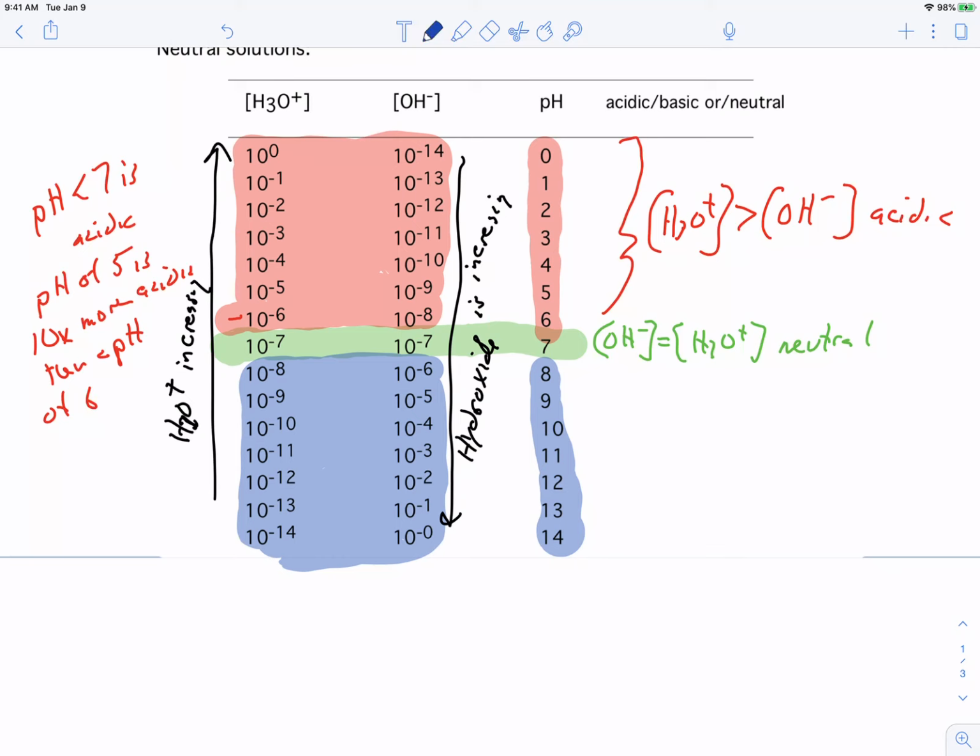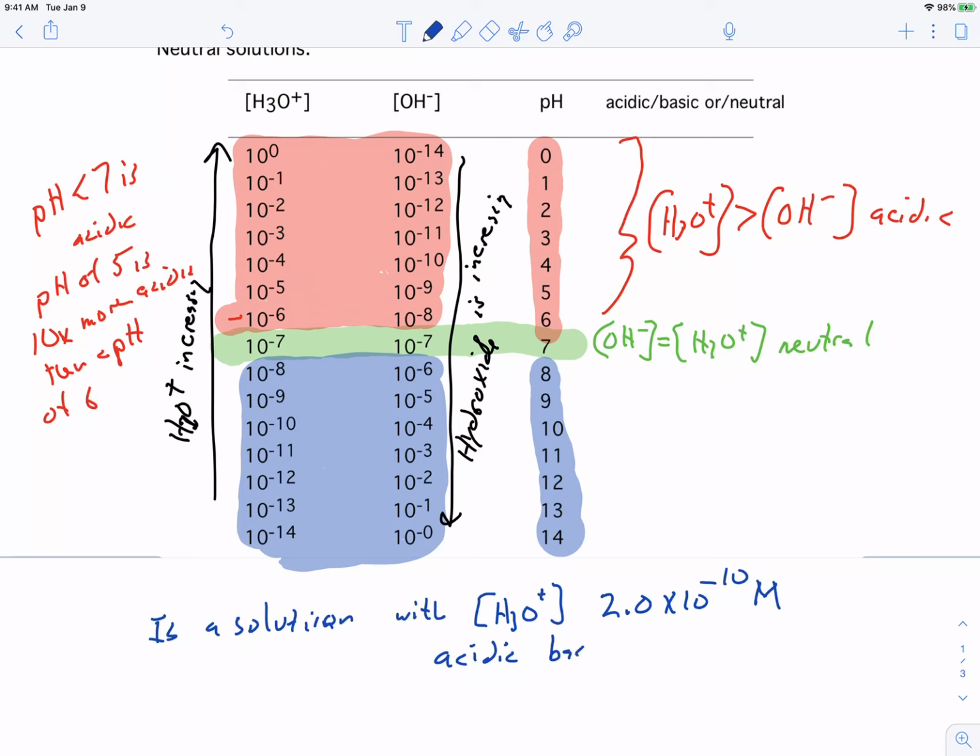All right, let's give it a try. Is a solution with a hydronium concentration that is 2.0 times 10 to the minus 10 molar acidic, basic, or neutral?